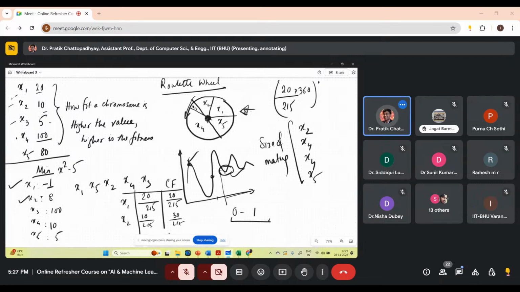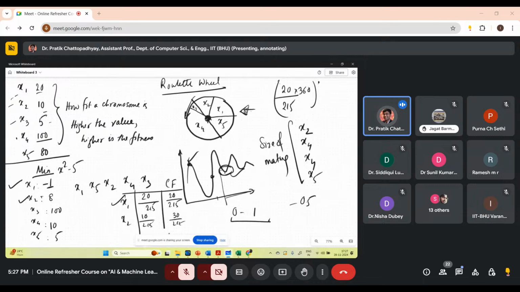If it is say 0.5, the random number generated is 0.5. Then the chromosome for which the cumulative fitness value first crosses 0.5 will be selected. So let's say this is 20 by 215, this is 30 by 215, so this is still less than 0.5.